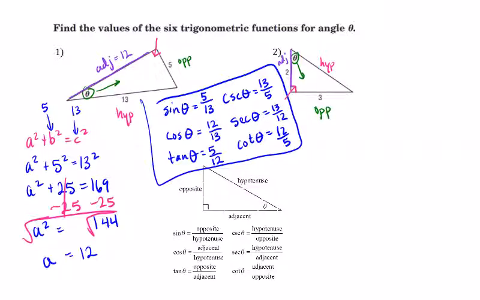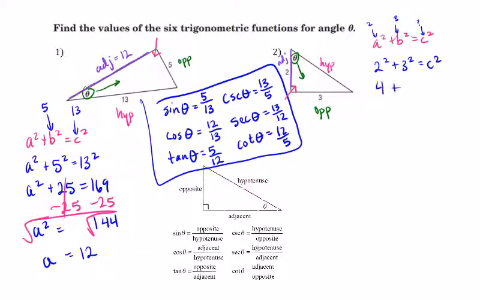So I know a squared plus b squared equals c squared. This time we're missing c, right? So I'm going to plug in 2 for a, 3 for b, and c is what's missing, that's the question mark. So it'll be 2 squared plus 3 squared equals c squared.